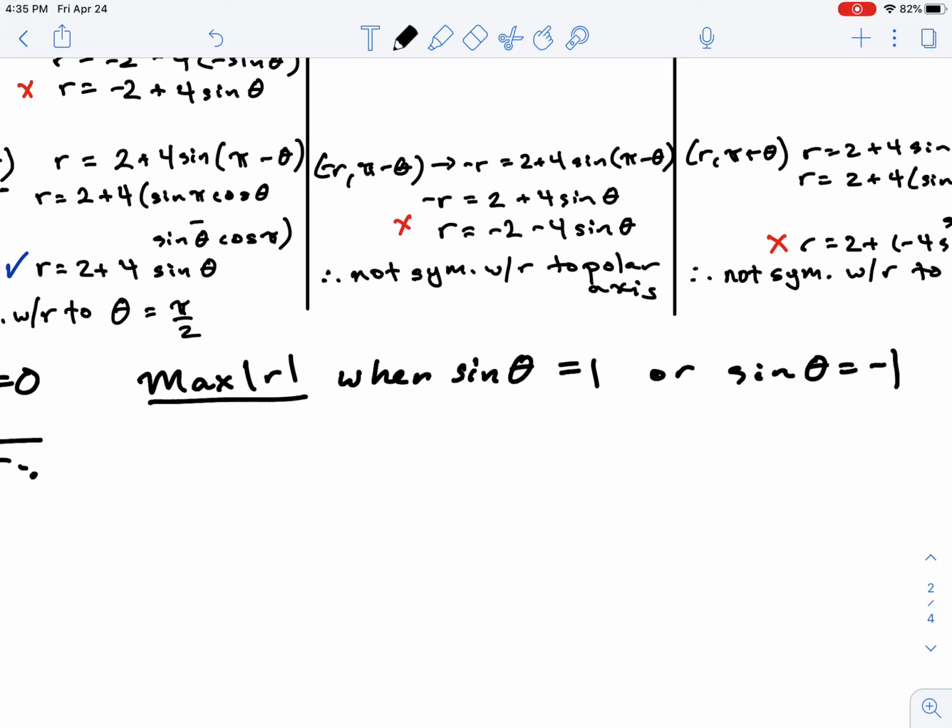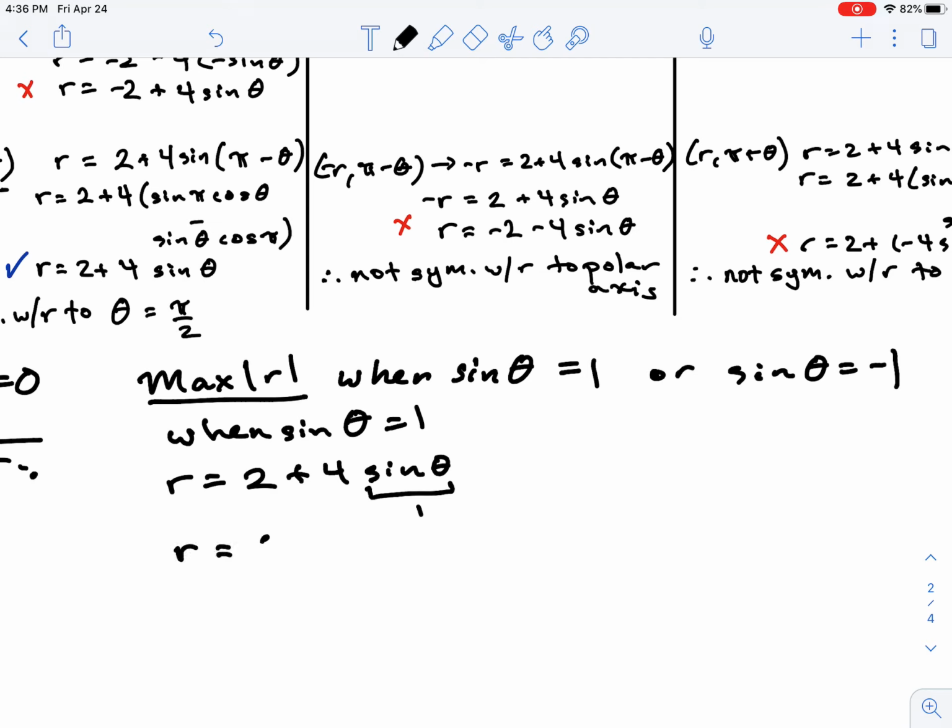Let's consider both scenarios. When sine of theta is equal to 1, r is equal to 2 plus 4, so r would be equal to 6.